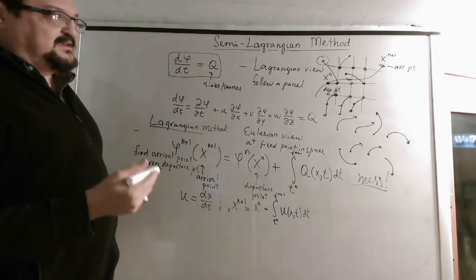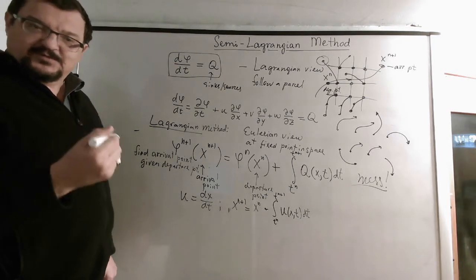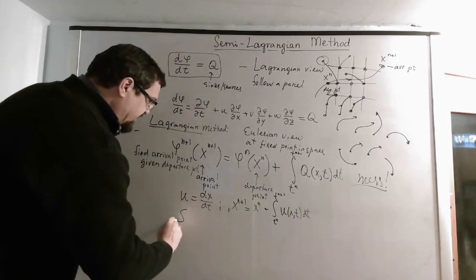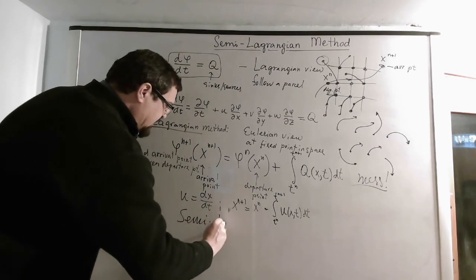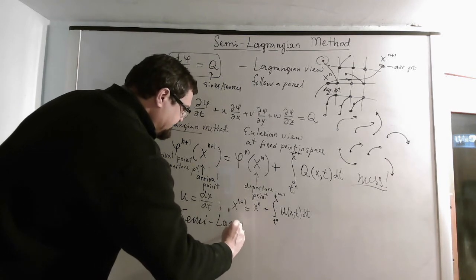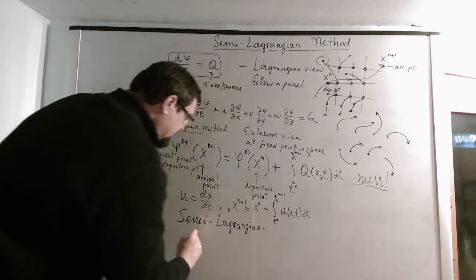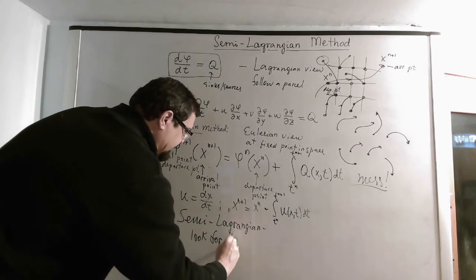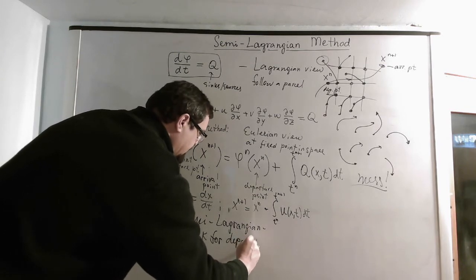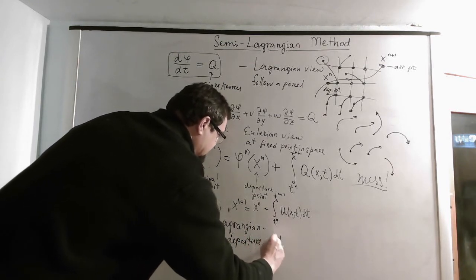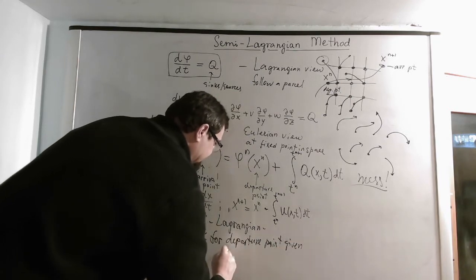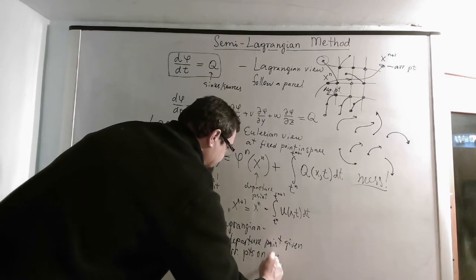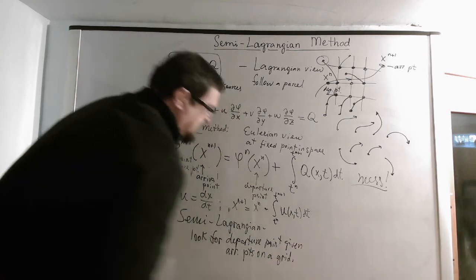That's in essence what's called the semi-Lagrangian method: you look for the departure point given arrival points on a grid.